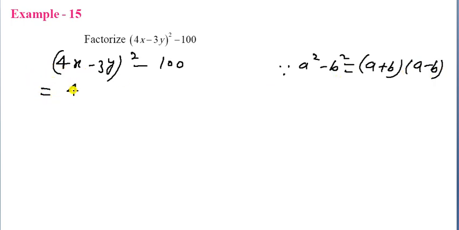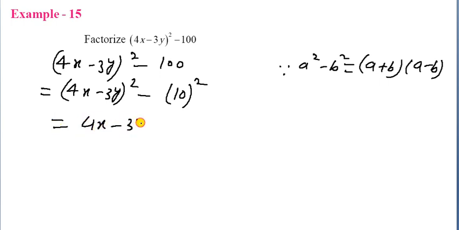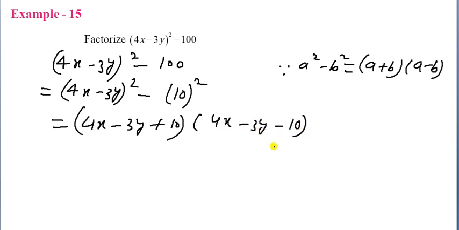So it is 4x minus 3y whole square and here is 10 square. So you can see here it is 4x minus 3y plus 10, and in the second bracket it is 4x minus 3y minus 10. So that one is your answer. You can check very well.